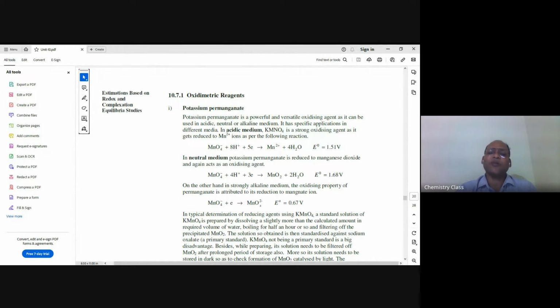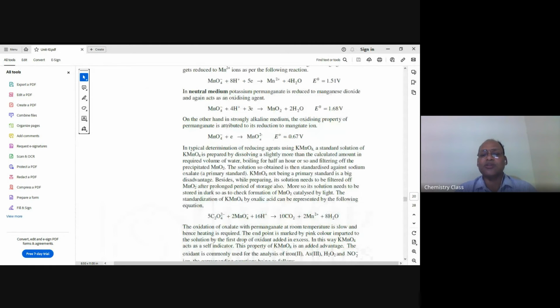MnO2 is a good oxidizing agent. So when KMnO4 turns to MnO2 and MnO2 turns again to KMnO4, it acts as both an oxidizing agent and a reducing agent. So it is known as an oxidimetric reagent.